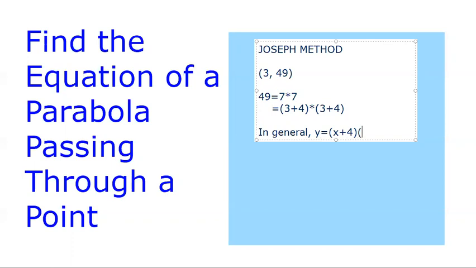So all I did was replace the 3's, which was my x, with an x. Okay, so I'm just overshadowing the notion of the 4 and the 3 being the point.